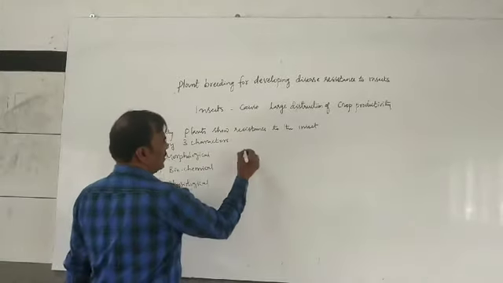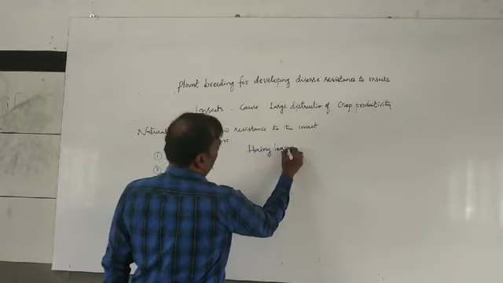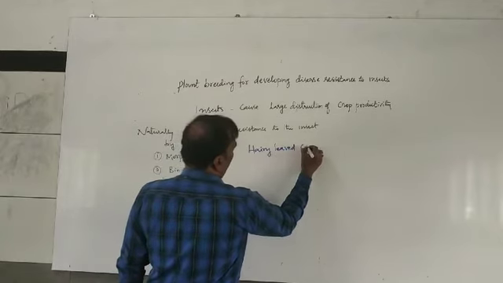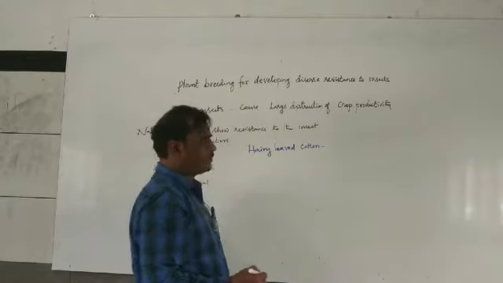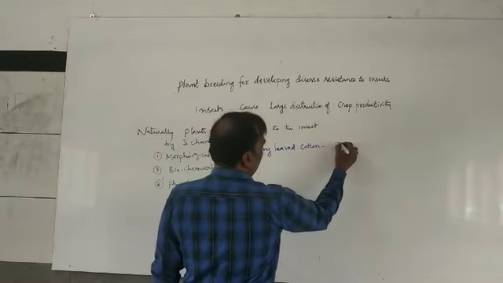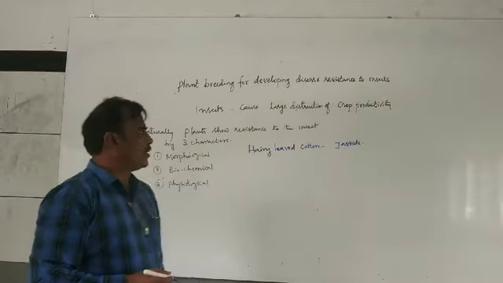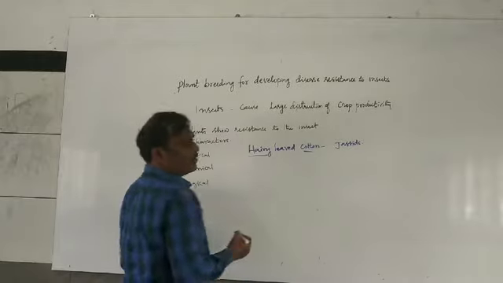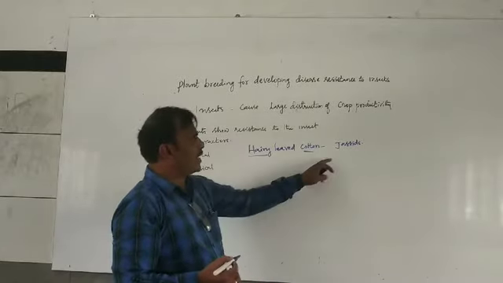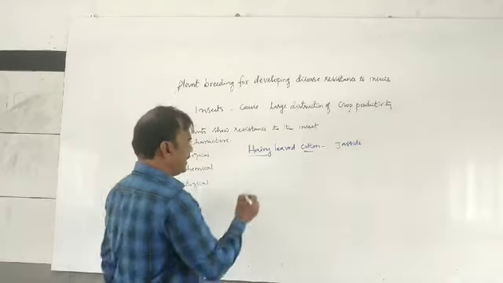Hairy-leaved cotton shows insect resistance towards jassids. Jassid is one type of insect. The hairy-leaved structure in cotton shows resistance to the insect jassid.